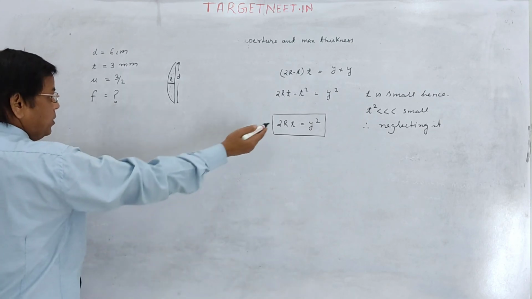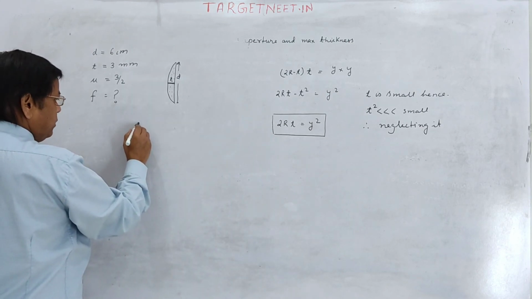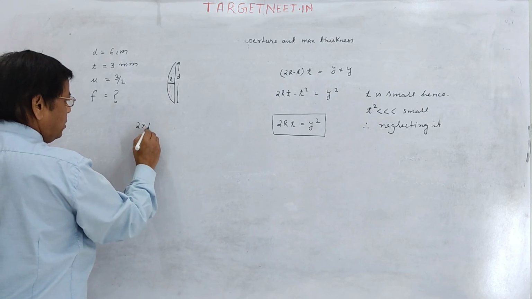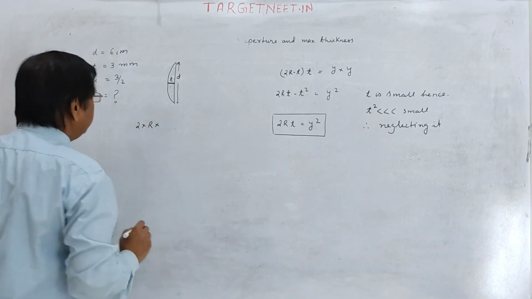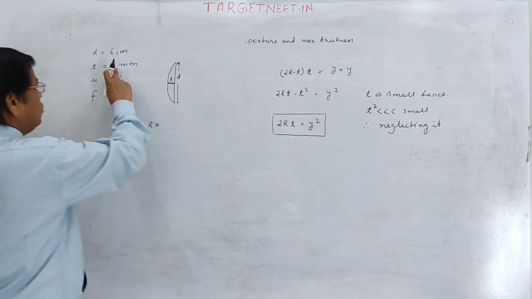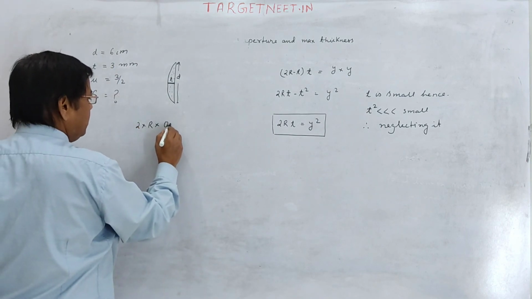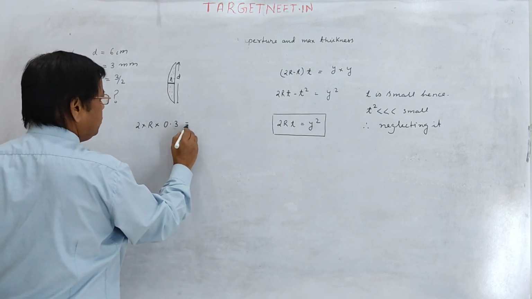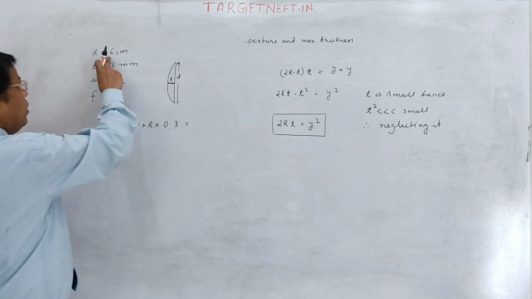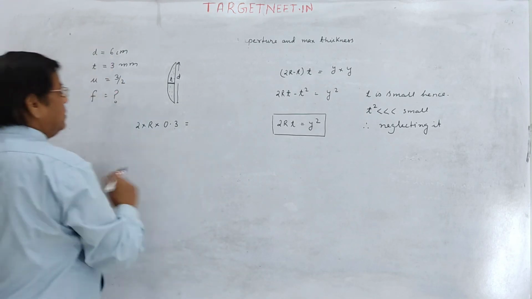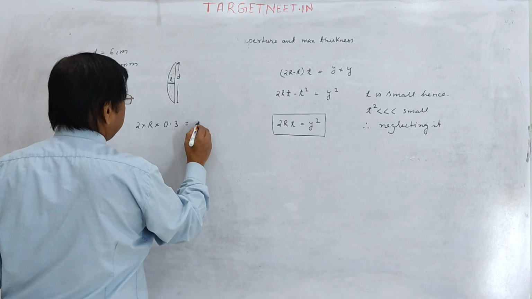So how to find radius? By using this formula. It is 2 into R, not known, into t. It is 3 millimeter, so you have to convert it into centimeter. It will be 0.3 centimeter, is equal to y square. y will be half of this, so it is 3 square.